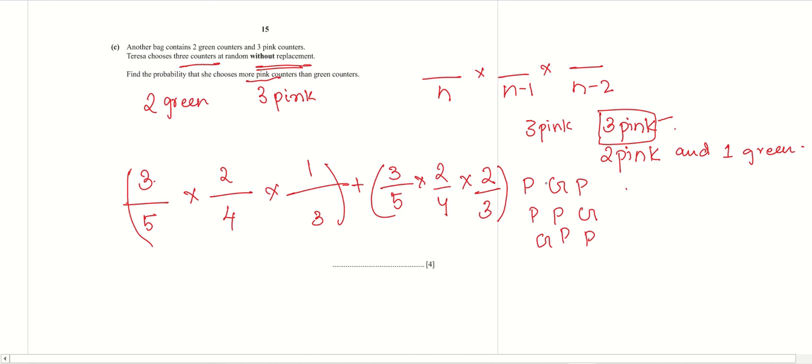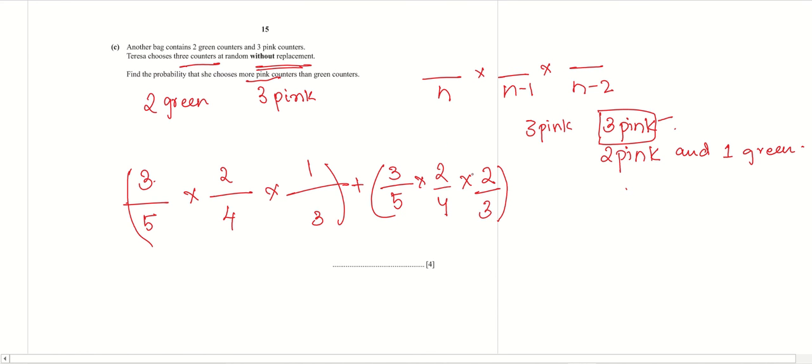But as we are not given any order of how she will choose, you have 3 different orders to choose from, as I have mentioned here. Like in the previous question, we multiplied the probability for one order by 6, because we had 6 different orders. We had 3 orders right now, so we're going to multiply by 3.